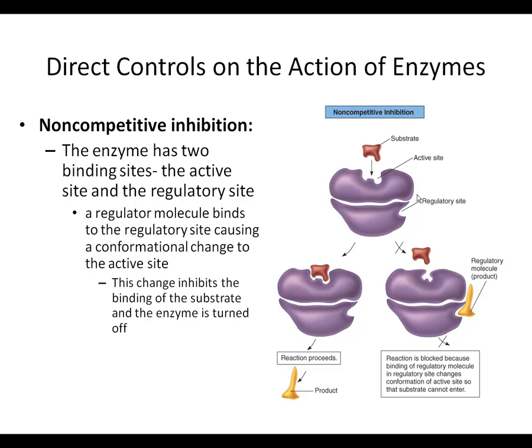And if the shape of that active site changes, now the substrate can't bind to the active site and the pathway or the enzyme is turned off. Sometimes the end product of the reaction will be the regulatory molecule that binds to the regulatory site. But if a regulatory protein or a regulatory molecule binds to that regulatory site, the active site changes shape and everything gets turned off.